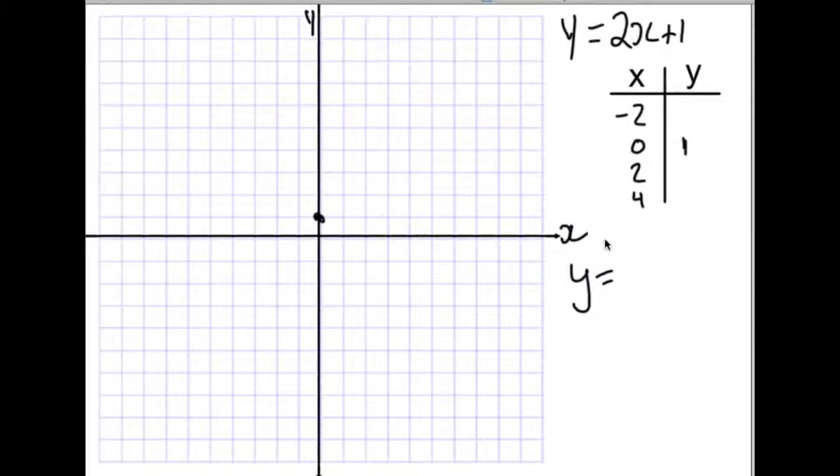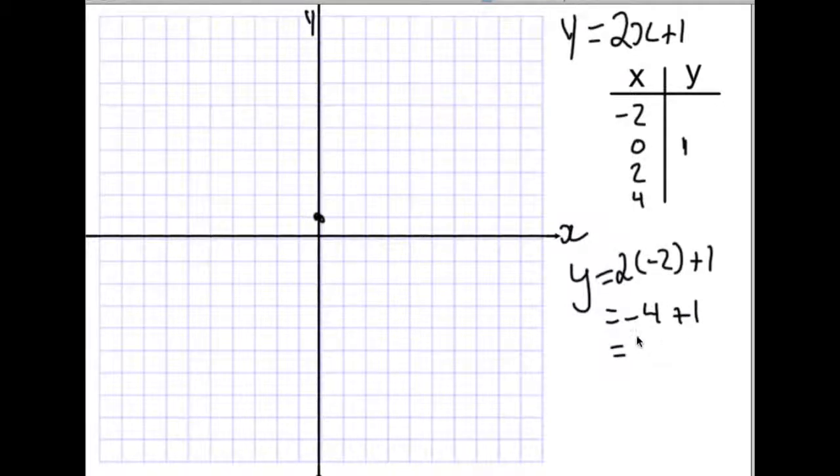So for instance, I would have y equals 2 multiplied by -2 plus 1. All I've done is I've substituted one of these values into the equation. So this is my x value, and I put that x value in here. I can only do one of them at a time. So here I would do 2 multiplied by -2 is -4, plus 1.